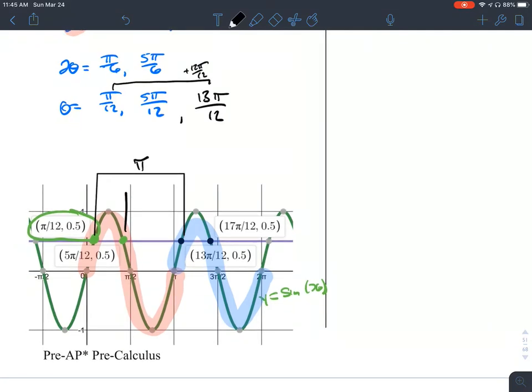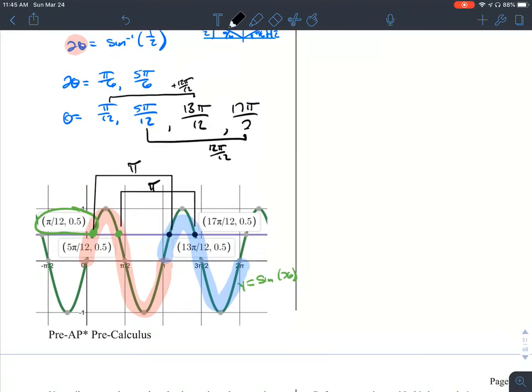Similarly, this dot here is 1 period away from this dot, pi units. So 5 pi over 12 plus 12 pi over 12, well, that's going to give me 17 pi over 12. And that gives me all 4 answers.